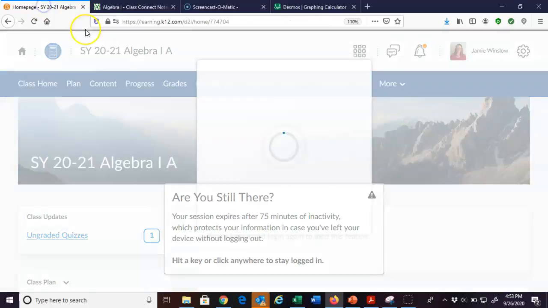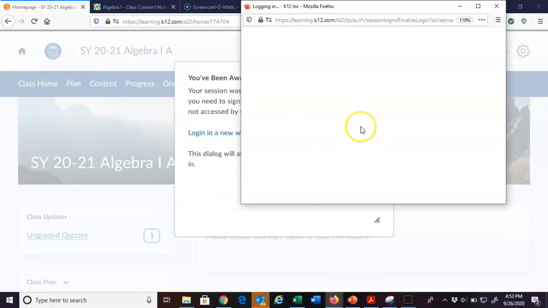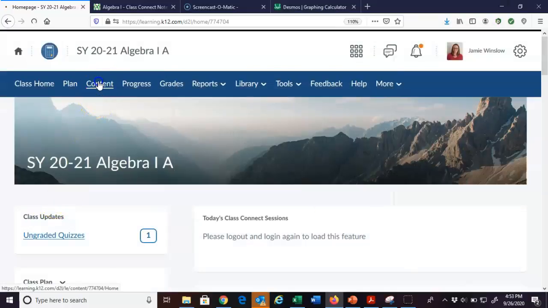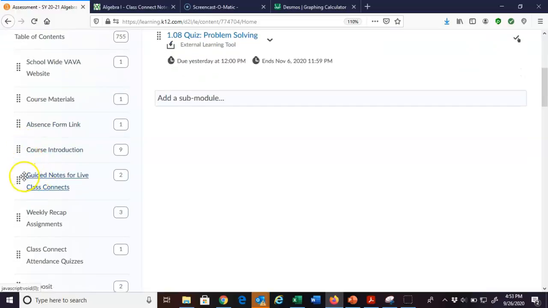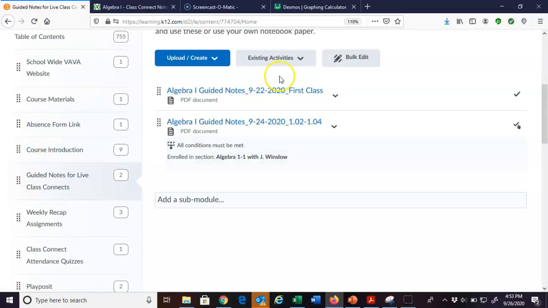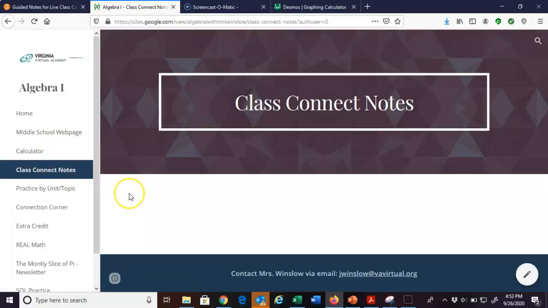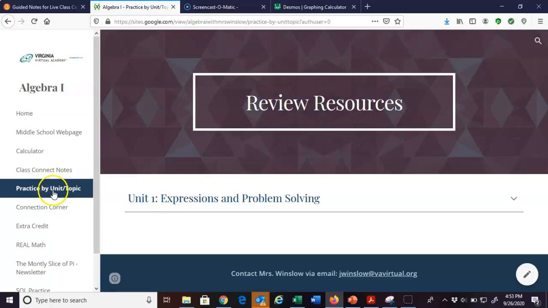Let me show you. Remember, when you're in the algebra course, you just go to content. It's loading. And then along the left-hand side, you see guided notes for live class connect. So click that, and here they'll be listed by date. But I'm also going to put them here so we can house them outside of the main lesson. This, I think, is going to be a page you're going to visit frequently: review resources by unit.